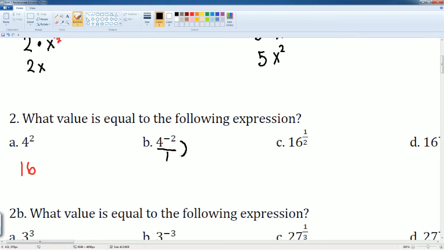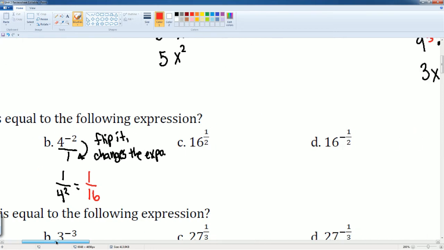And we know we can flip it, and it changes the exponent. So it becomes 1 on top, on bottom, it becomes 4 to the 2nd power. And we know that this, from the first problem, is equal to 1 over 16.